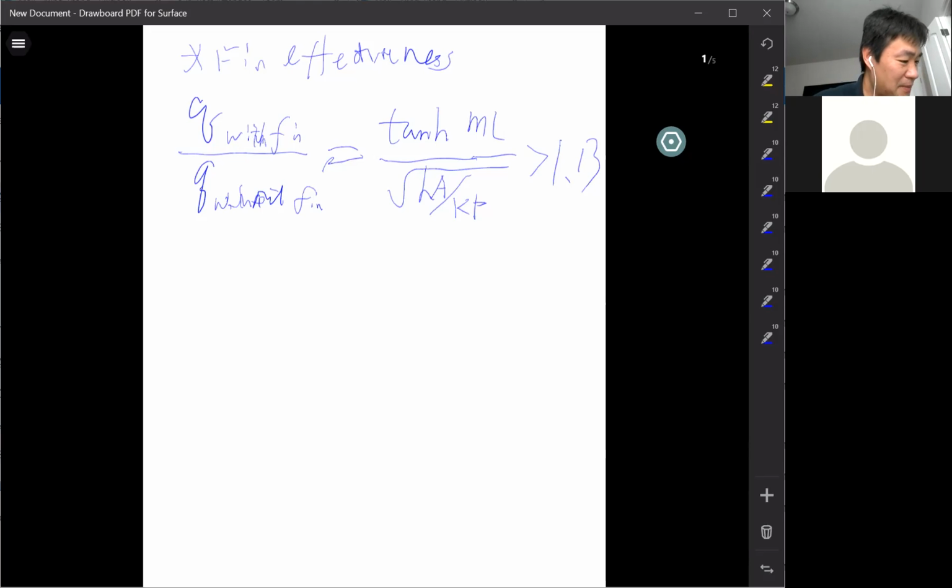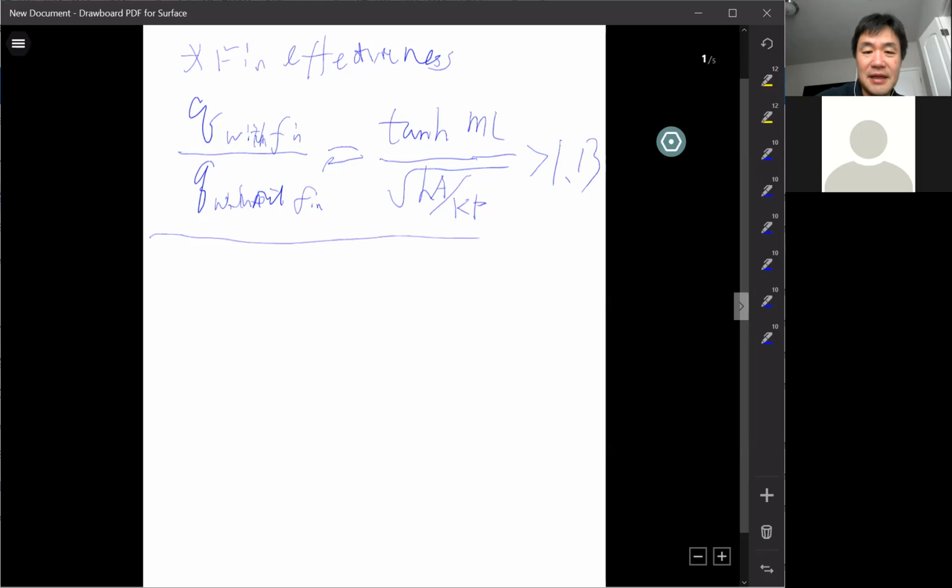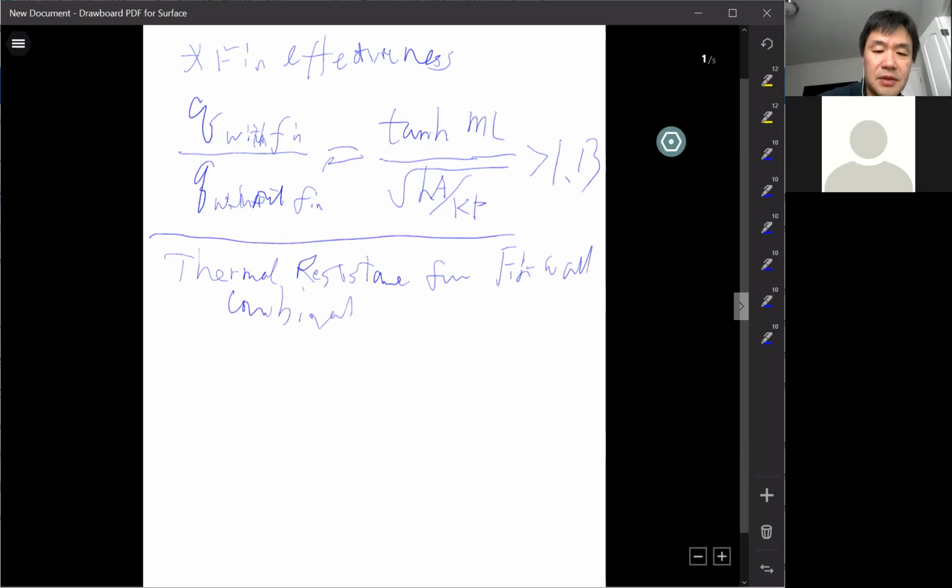One more thing I want to talk about is the thermal resistance for the fin-wall combination.